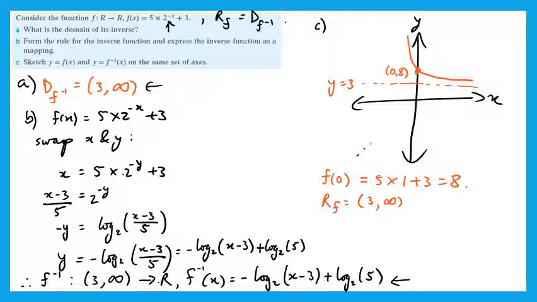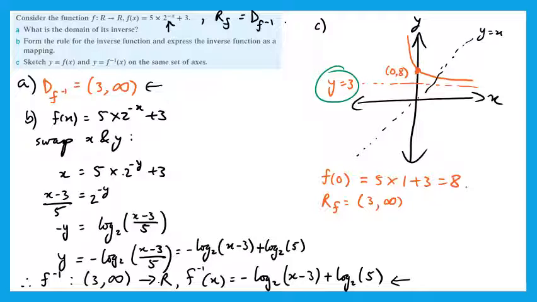So that means that instead of it going, oh no, let's not do it that way. I'll just draw it as a reflection. Okay, so any x values become y's and y values become x. So see this asymptote here, it then becomes x equals 3.